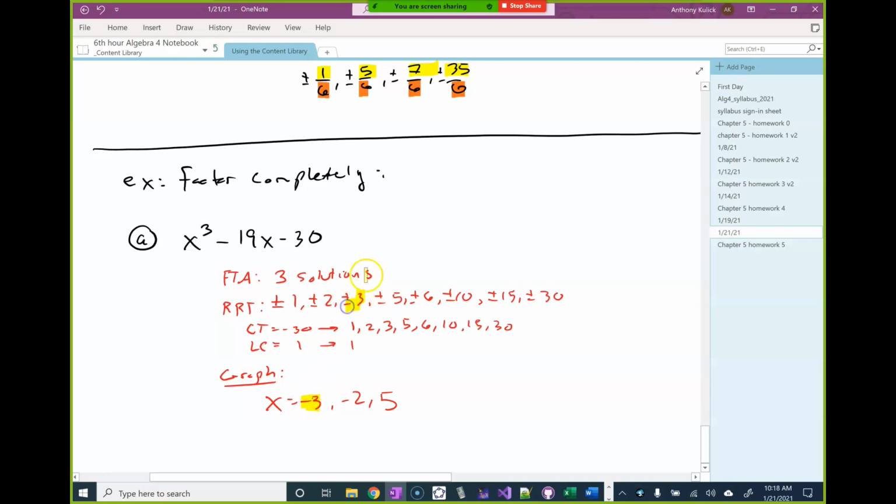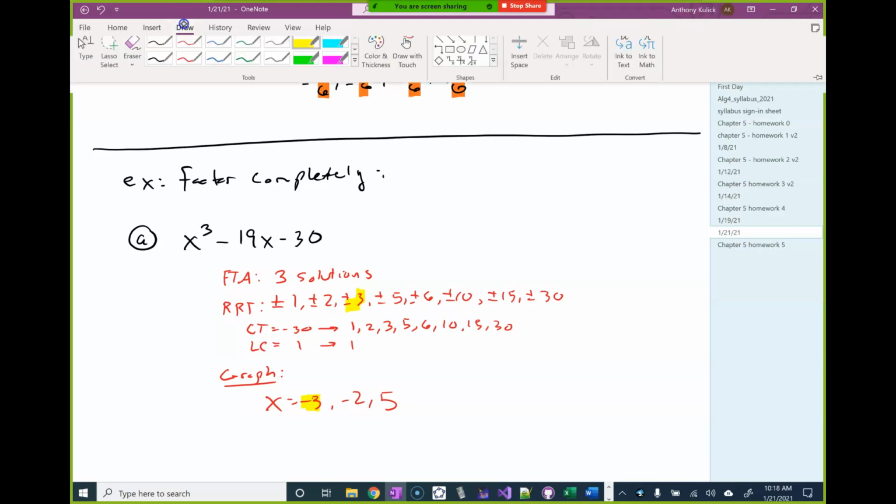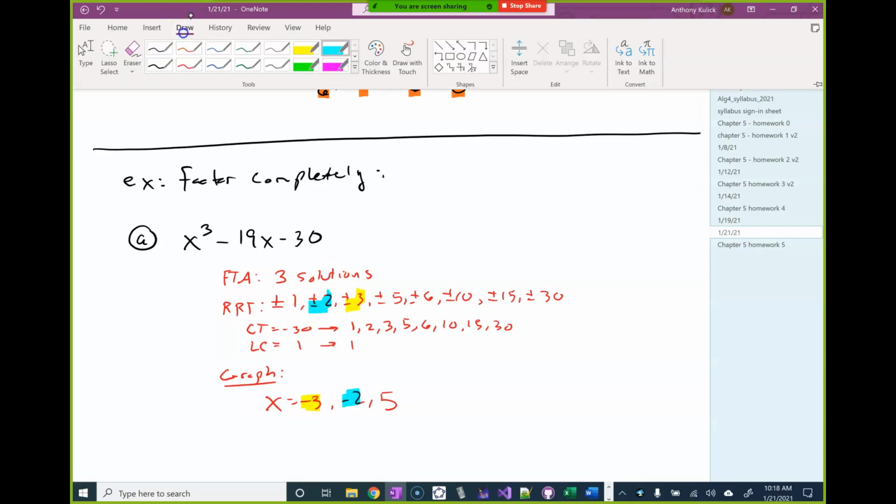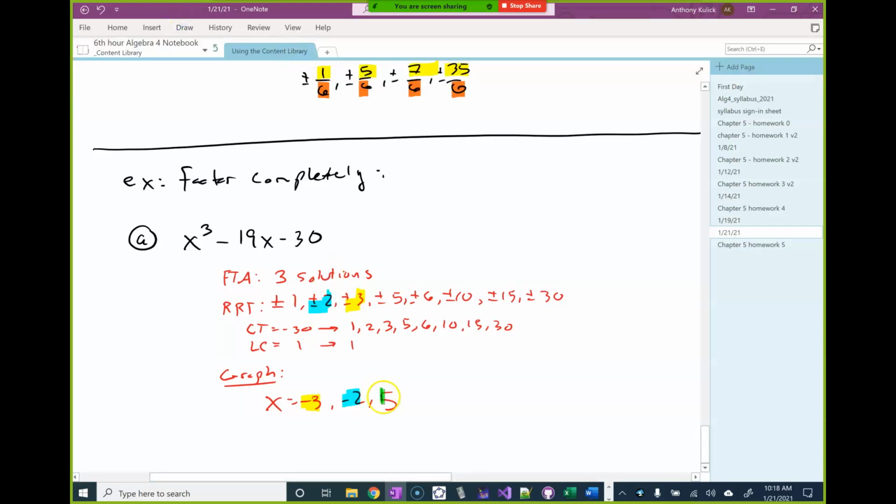So let's do negative 2 first, I guess. So that works, right? Because we got the remainder 0 that we're hoping for.